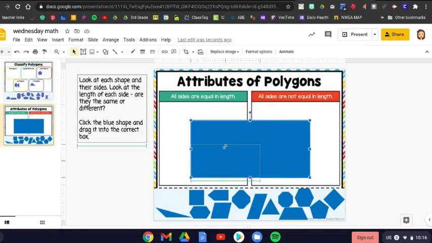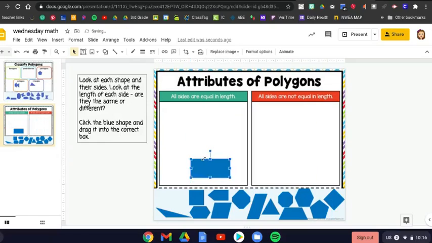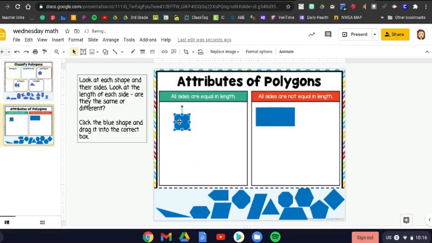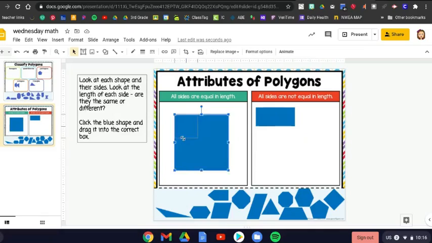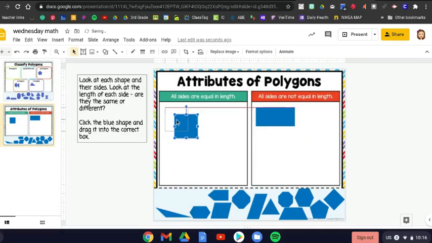So this rectangle goes on the red side that says all sides are not equal in length. But if I took a polygon like the square, and the square has 4 sides that are the same length, then that goes in this box. All sides are equal in length. They're the same.